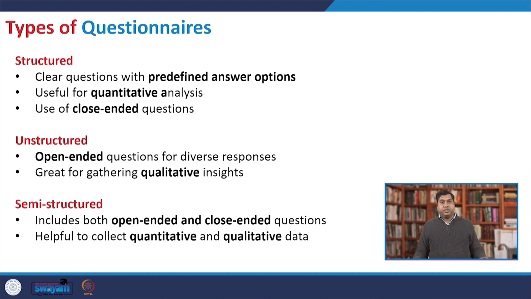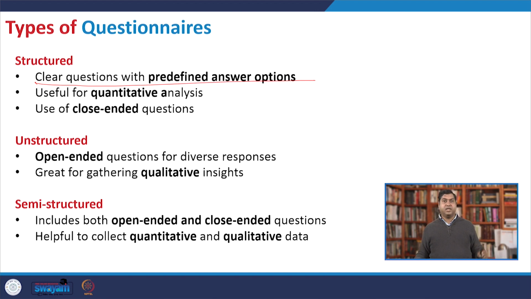Now, types of questionnaires. For your reference, I am giving you some of the very useful and commonly used questionnaires in planning and architectural research. The first type is the structured questionnaire. In a structured questionnaire, we have clear questions with predetermined answers.